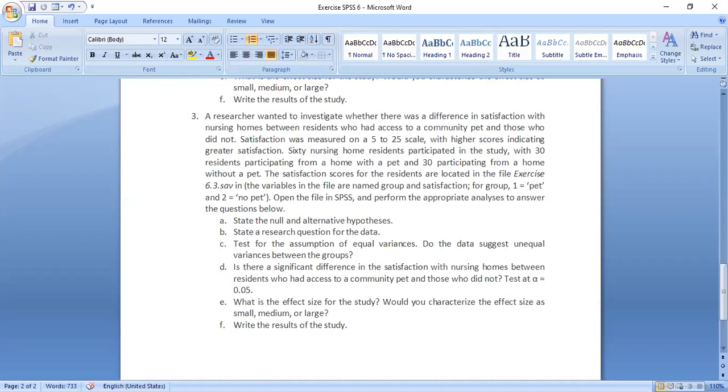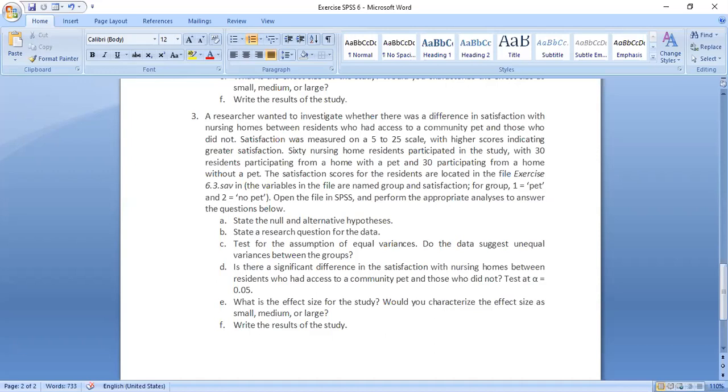So here again, we have to do the same thing. We have to state the null and alternate hypothesis, state a research question for the data, test for the assumption of equality of variances, and look at the significant difference in satisfaction between nursing homes with people who have a pet and who do not have one at 0.05. That's what the alpha is. And find out the effect size, and finally write the result of the study.